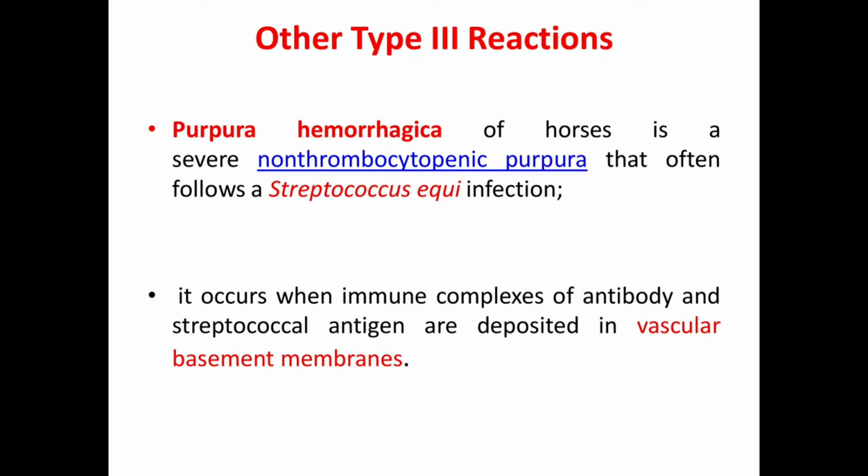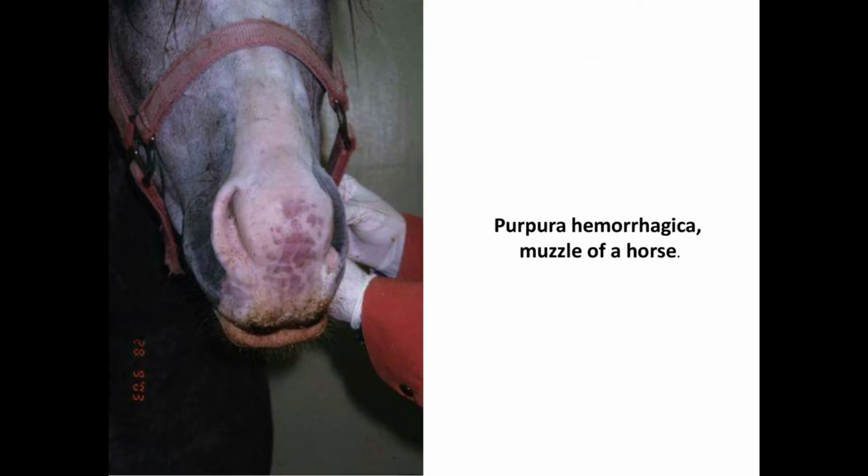It's a severe non-thrombocytopenic purpura that often follows a Streptococcus equi infection, that is post-strangles. It occurs when immune complexes of antibody and streptococcal antigen are deposited in the vascular basement membrane. So this is the purpura hemorrhagica in the muscle of a horse.